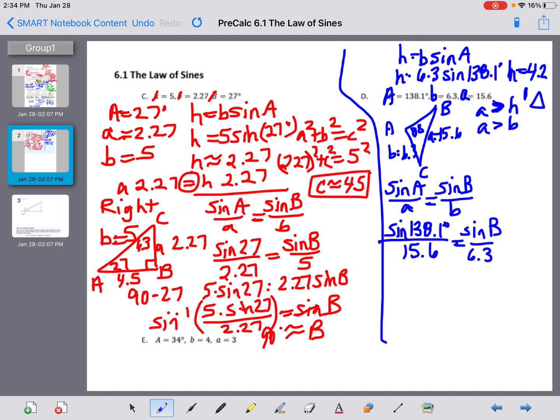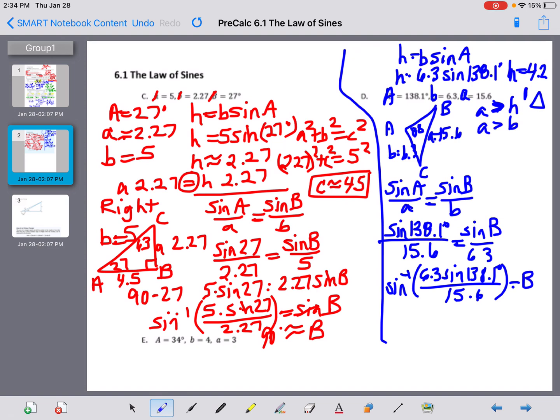Okay, if you are good with me doing all this math at once, I'm going to tell you that angle B is going to be the inverse sine of 6.3 sine 138.1, all over 15.6.